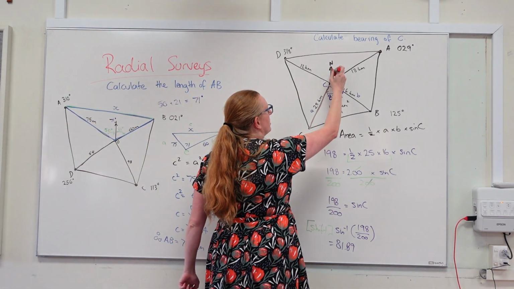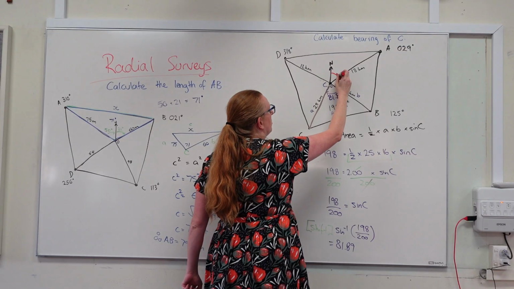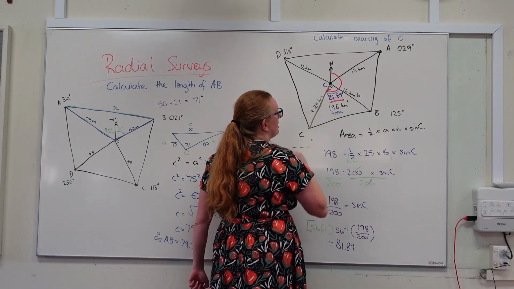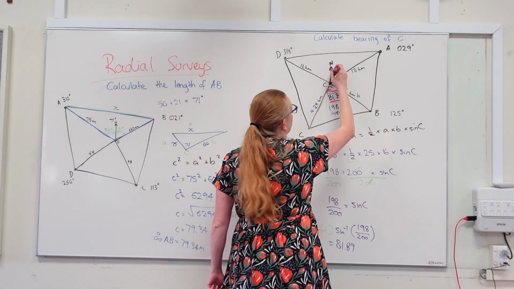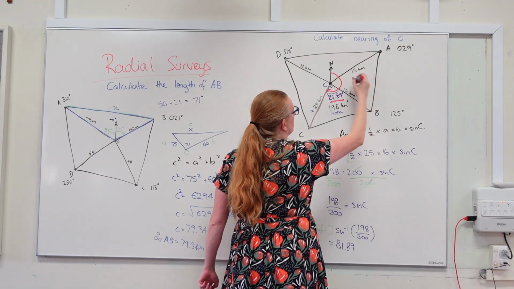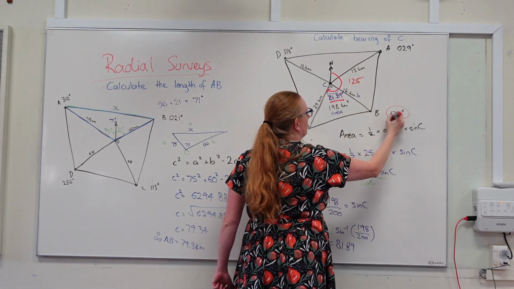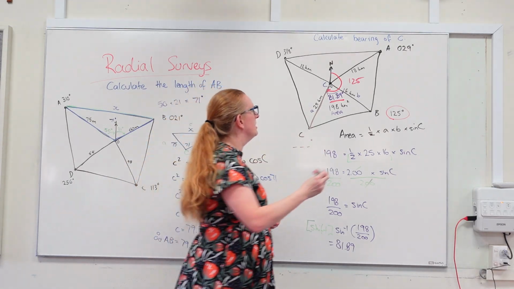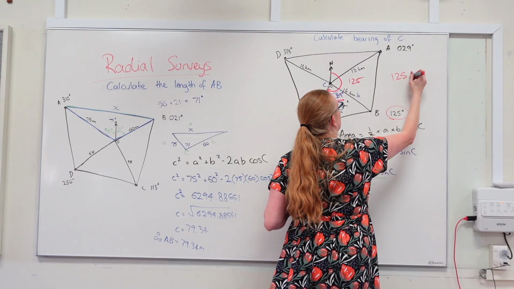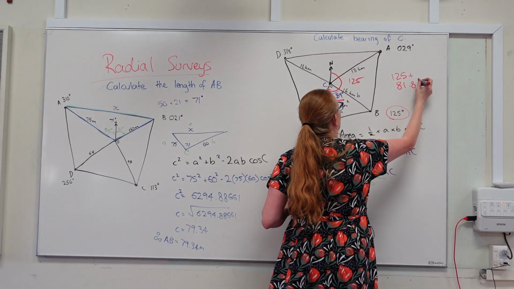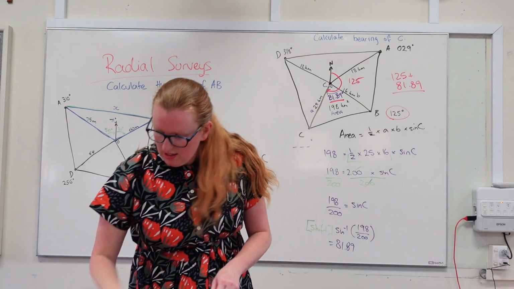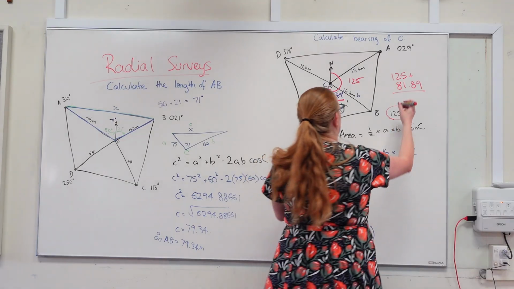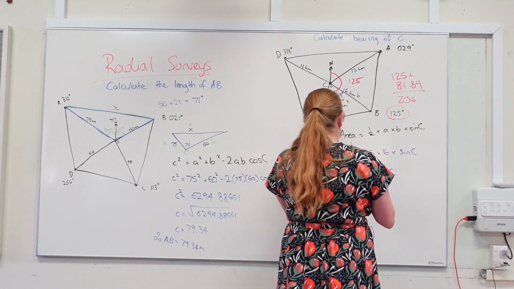The whole goal of this question is to find out how big it is from north all the way around to C. Now I figured out this part is 81.89, and from here to this line is 125, and that comes from here. So I've got to add those two together to find out my bearing. So I'm going to go 125 plus 81.89 gives me 206.89.